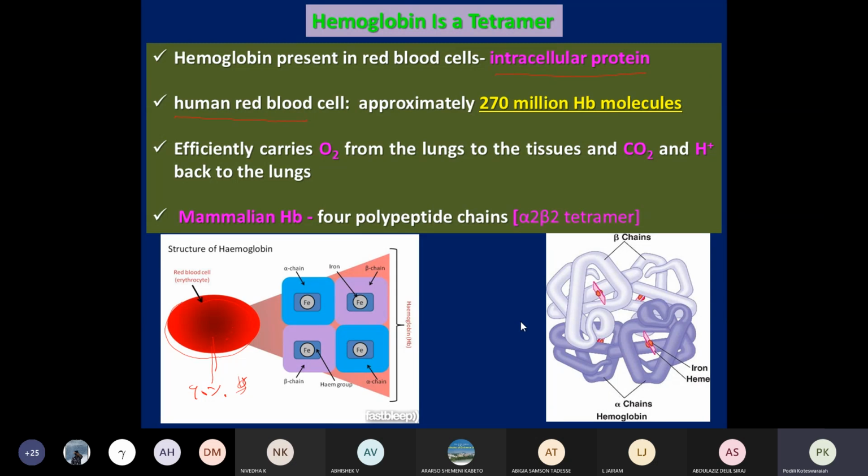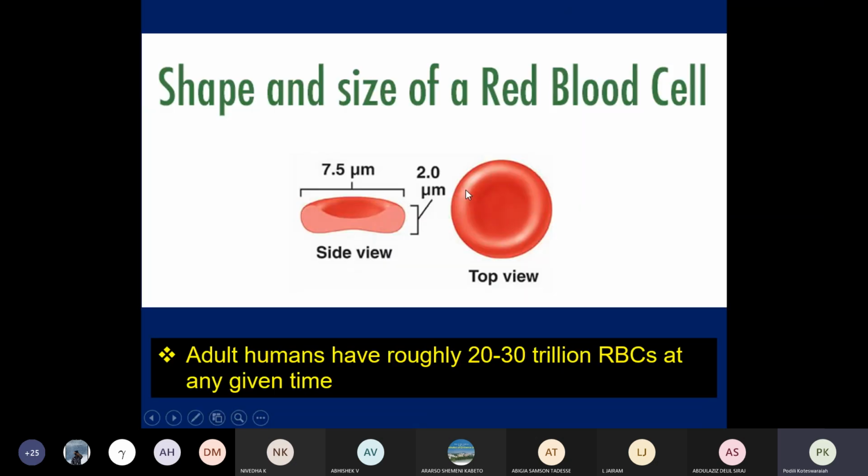And as I already said, hemoglobin's main function is to carry oxygen from lungs to tissues and carry back carbon dioxide and protons to the lungs from the tissues. And adult humans have roughly 20 to 30 trillion red blood cells at any given time.